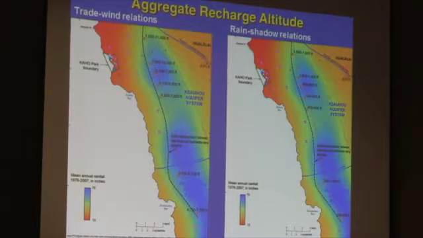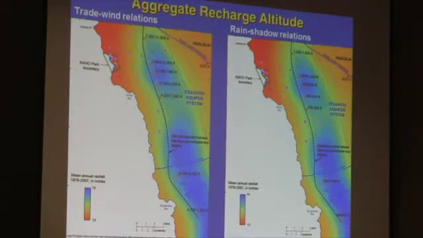The aggregate recharge altitudes on the left side are, in some cases, very unrealistically high. In some cases, it goes up to 11,000 or 12,000 feet, but Hualalai only goes up to 8,200 feet. So clearly, something strange is going on there, and it's probably because we haven't characterized the rainfall altitude relation very well on Hualalai yet.